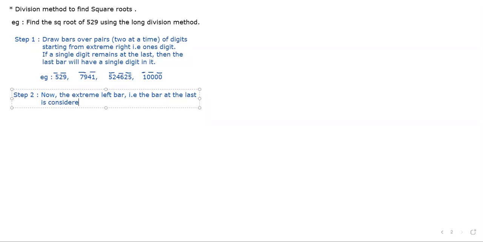After considering it, find a square number which is less than or equal to the first bar.